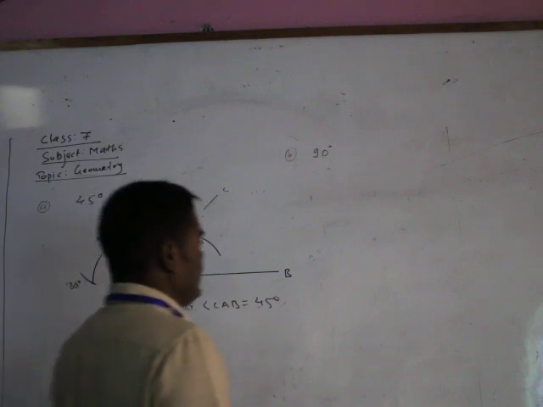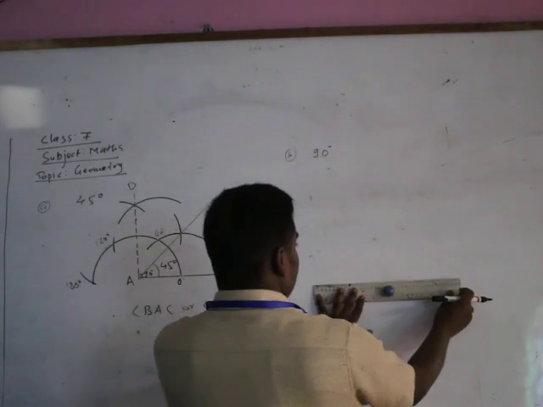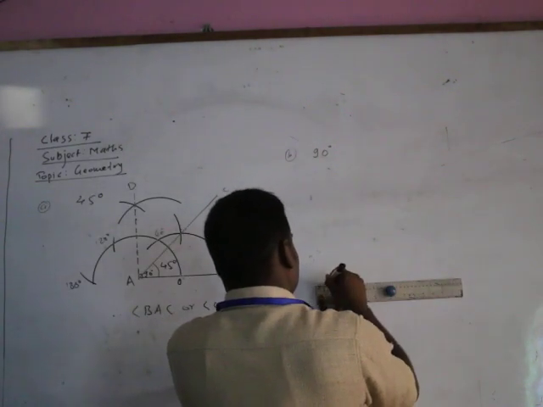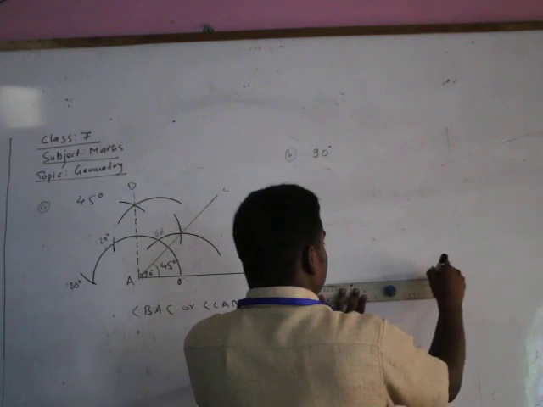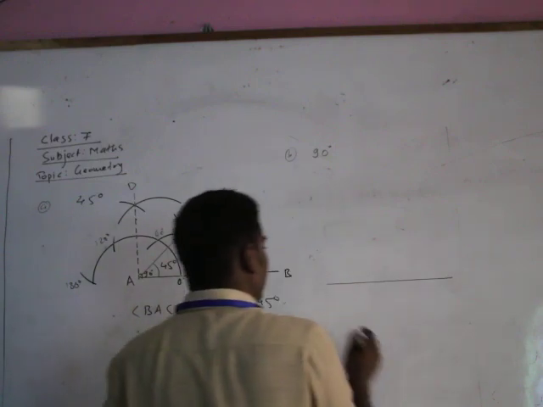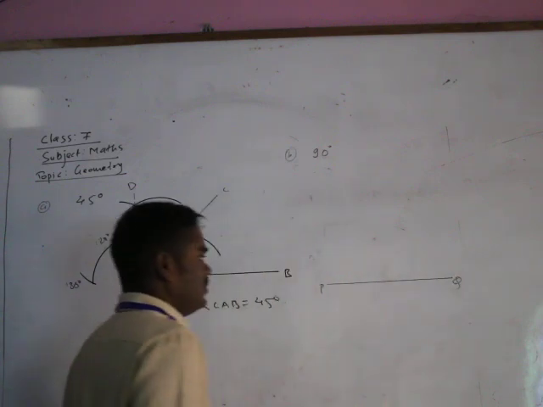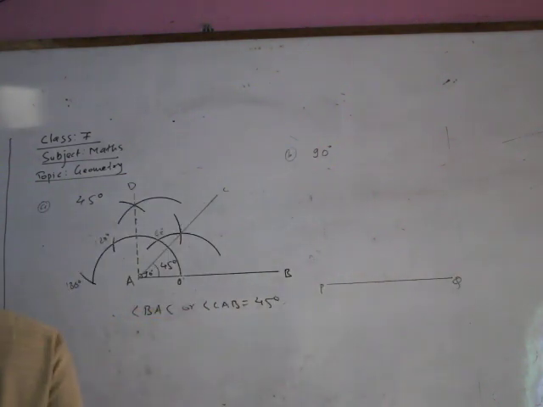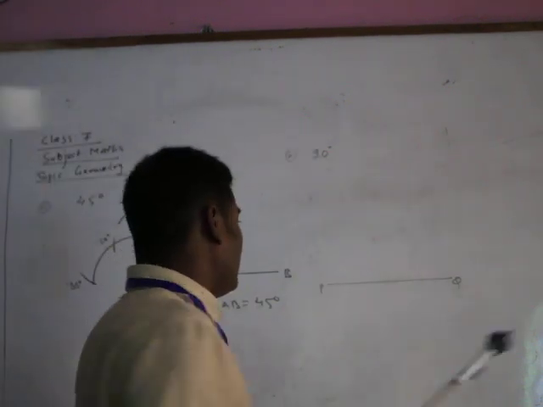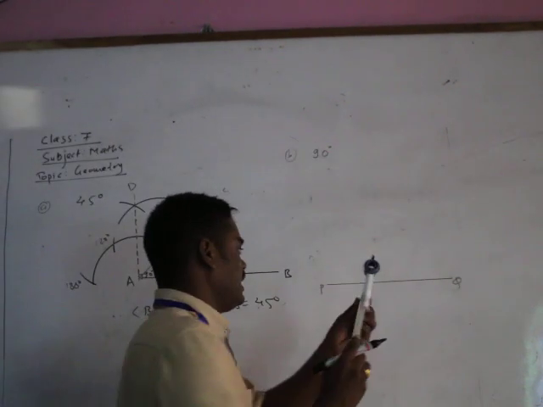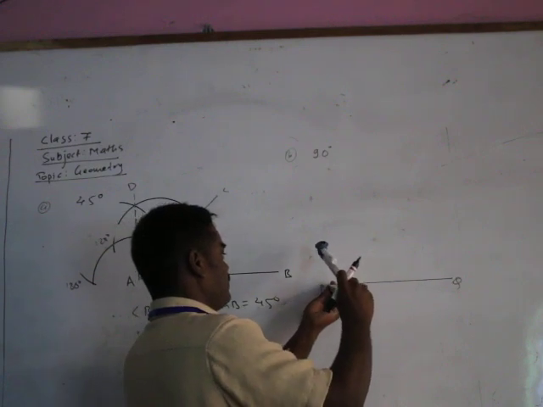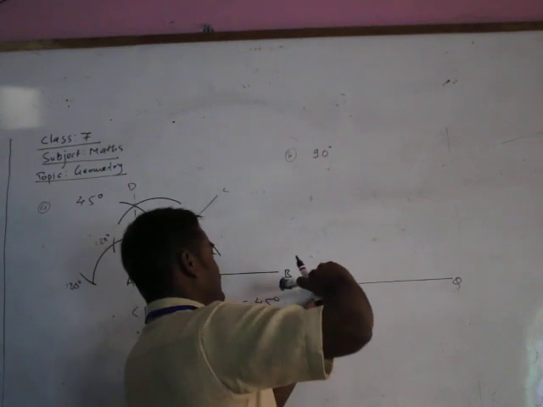To construct any angle, first of all you draw the base line, that is the initial line like this, and give it a name yourself, that is PQ. And then at point P, you have to draw the arc by taking a certain arc of the compass like this.